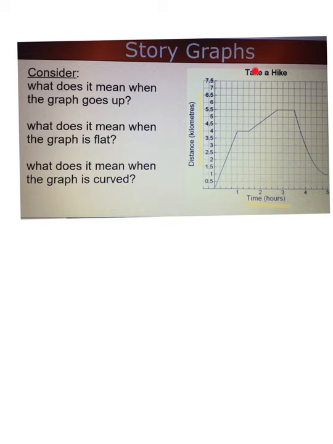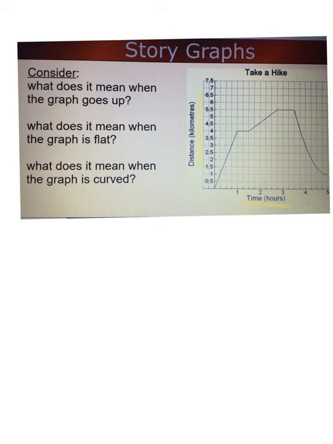Now, the title of this is about taking a hike. So we're going to assume that somebody is taking a hike. If I look at the time, it's a 5-hour hike, which is a really long hike for me. And this distance in kilometers is going to represent how far they've been after a certain amount of time.